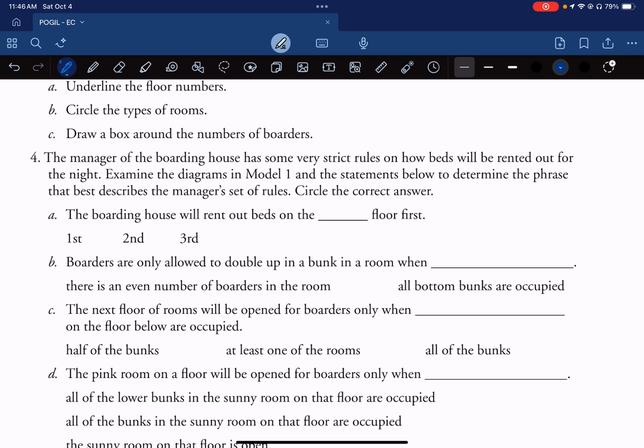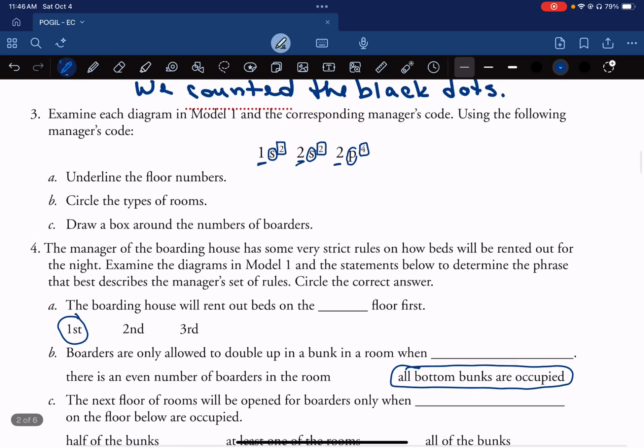It says the boarding house will rent out beds on the first floor first. All right, so that is one of the rules. And then it says boarders are only allowed to double up in a bunk in a room when all the bottom bunks are occupied. So let's go look at that. We'll just take a minute and go up and look.